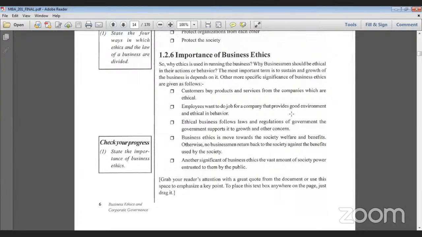But if the rules and regulations are broken, or a legal activity becomes illegal, right? If they are doing any kind of unfair practices, then definitely they are going to face a problem in future as well. So we need to understand that such things should be done properly by the business person, and it should be actively and positively carried out by the businessman.